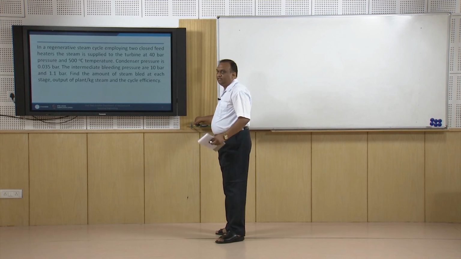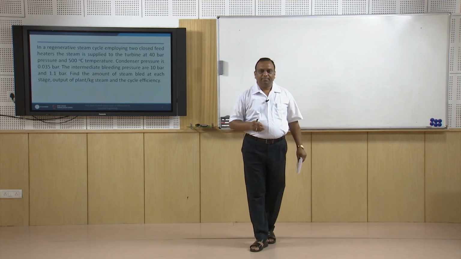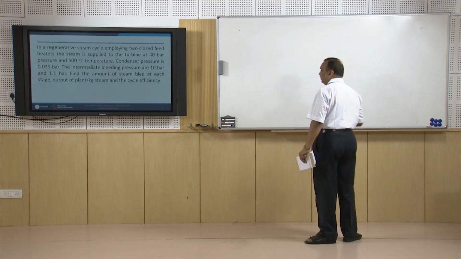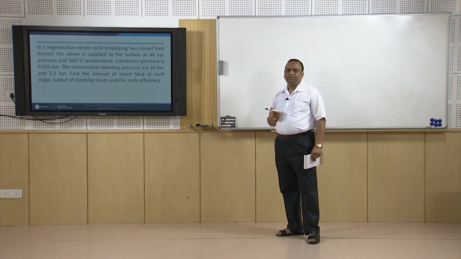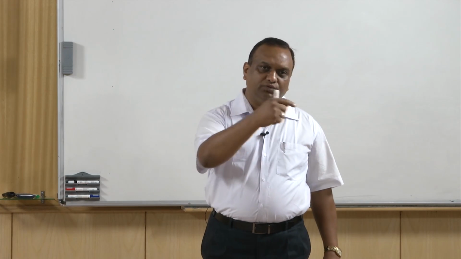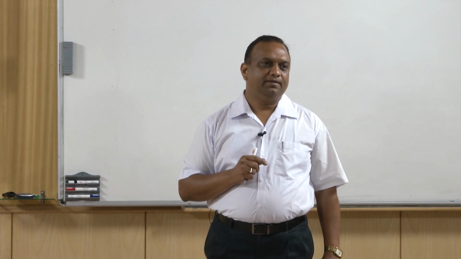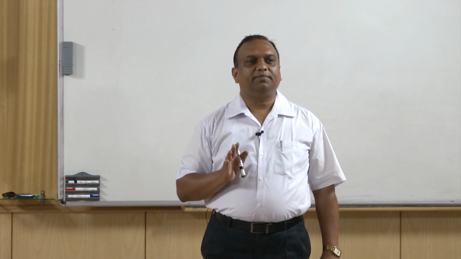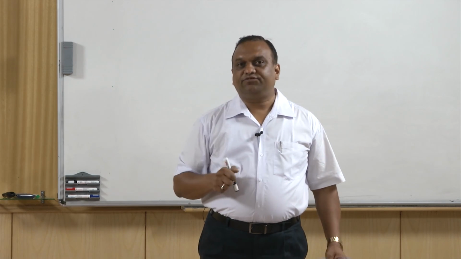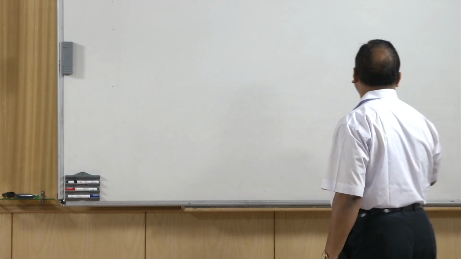Now, in this case, as I stated earlier, the feed water heating is done with the help of steam. This can be done in two ways. One is we pass the feed water through the casing of the steam turbine, but that is not a very practical process. So, instead, the steam is tapped from the steam turbine at various locations.